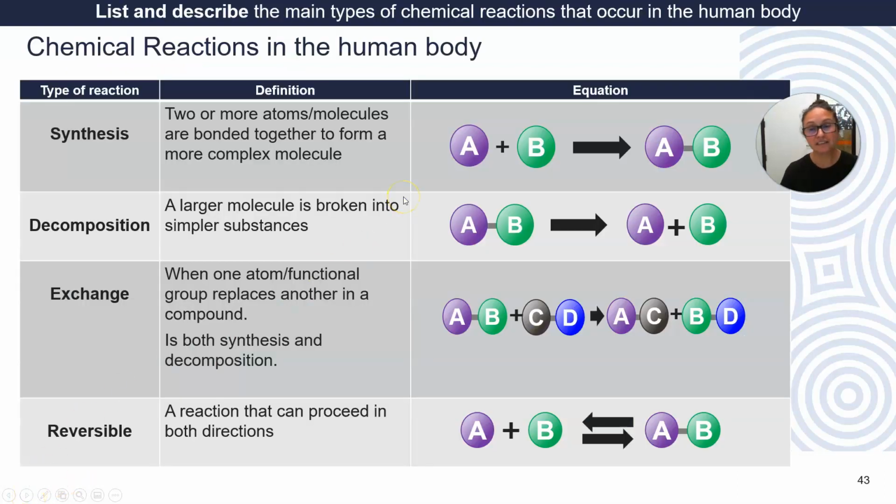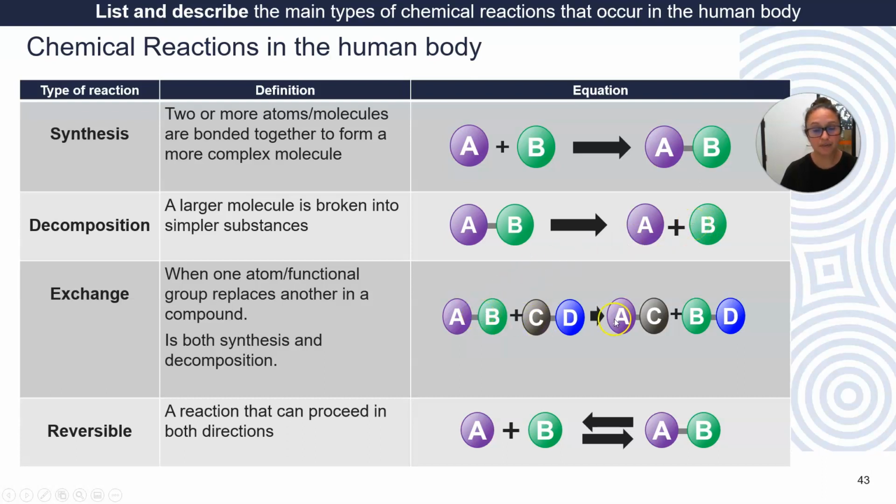All right, there are quite a few different types of chemical reactions that can happen in the human body. In this instance, you've got one atom and another atom, and all you're doing is sticking them together, or chemically bonding them. The opposite is true: you've got two atoms that are chemically bonded and you're just breaking them apart.